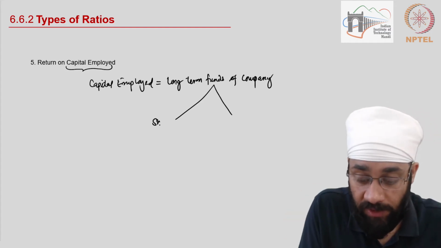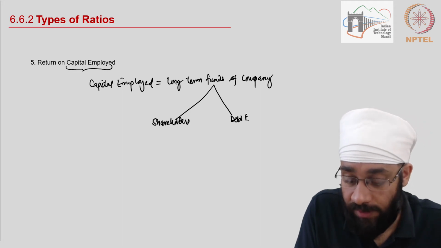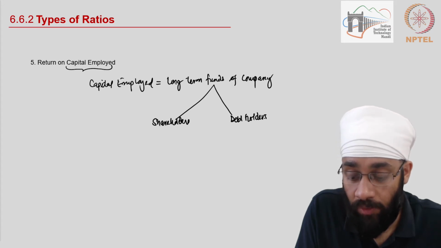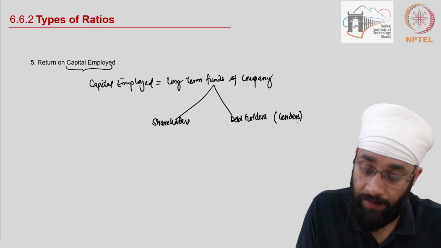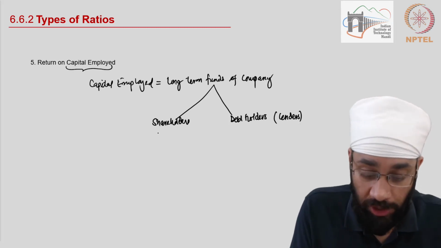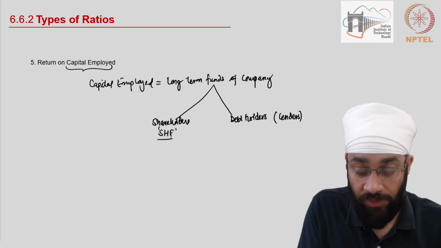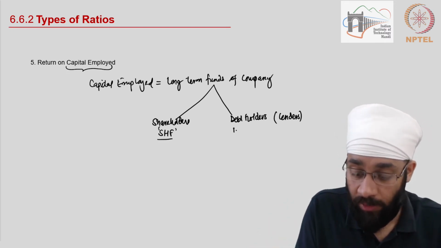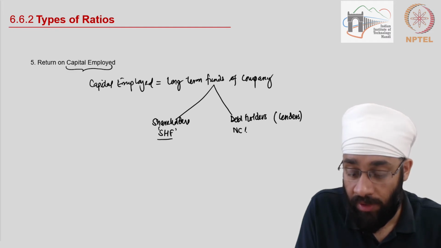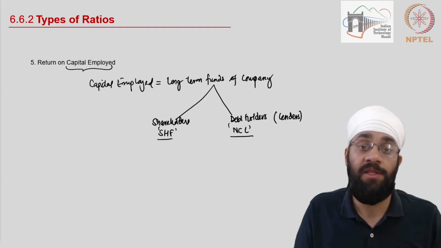You get this money from shareholders and you can get this money from the debt holders. Who are the debt holders? Debt holders are the lenders. Shareholders' investment can be figured out by using shareholder funds. On the other hand, debt holders can be all the non-current liabilities taken together. These are the long-term funds in the business.